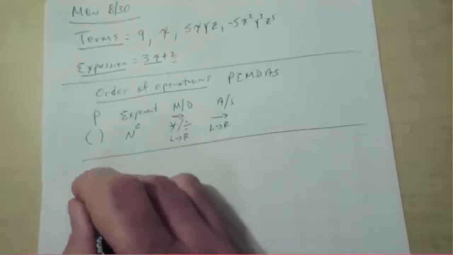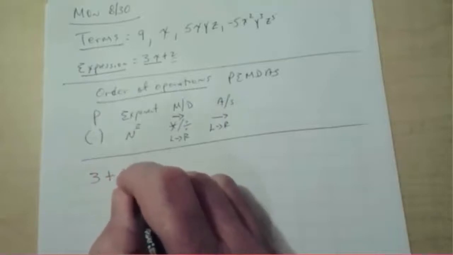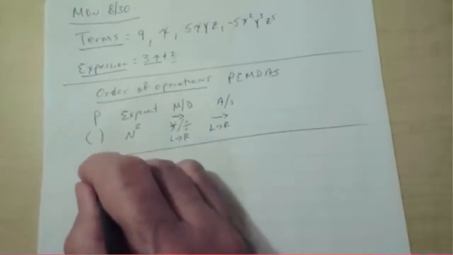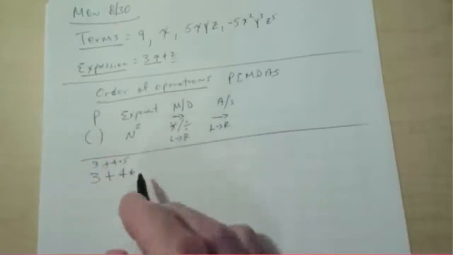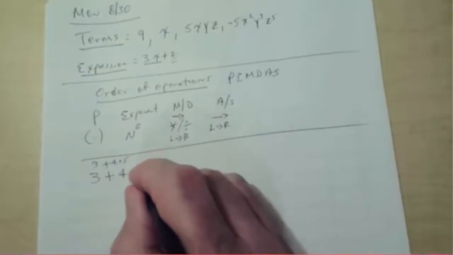So if we have 3 plus 4, before I forget, never, never, never use X for multiplication anymore. Either use a raised dot or the asterisk. So 3 plus 4, times 5.